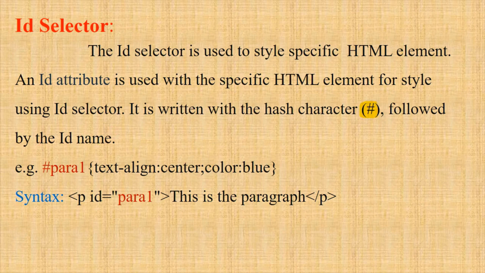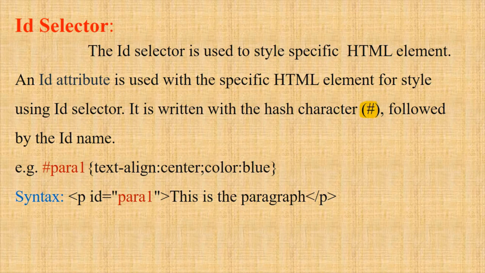Now remember one thing: this hash symbol is used for creating an ID selector. You can see #para1 is called an ID selector, and it has cascading style sheet properties text-align and color. Text-align has value center and color has value blue.